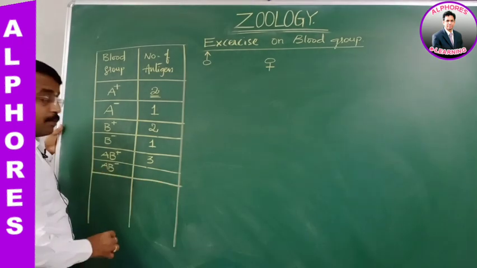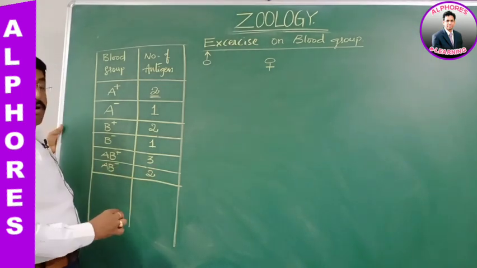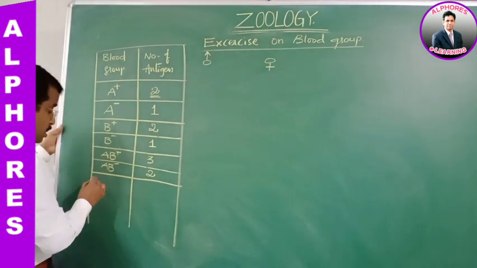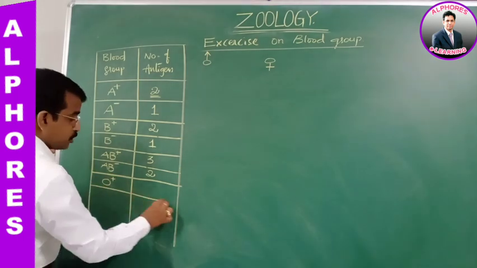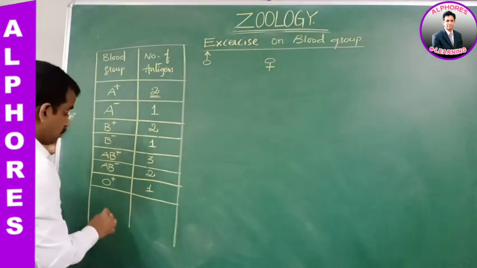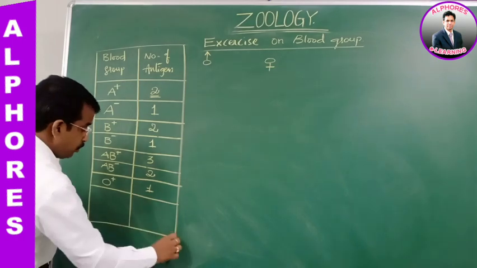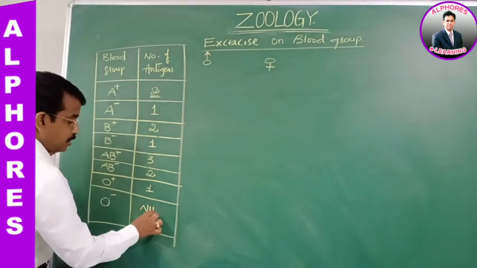Next, AB negative has A and B antigens, so the number of antigens is 2. Next, O positive is with one antigen, that is the RH antigen, whereas O negative is nil, no antigen.